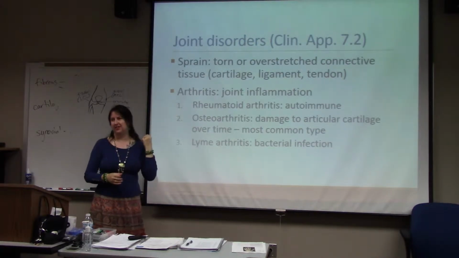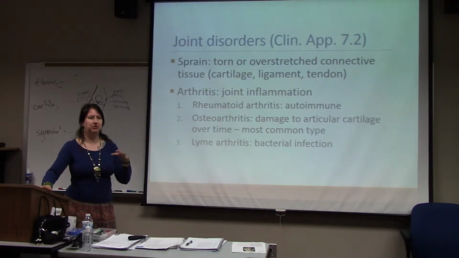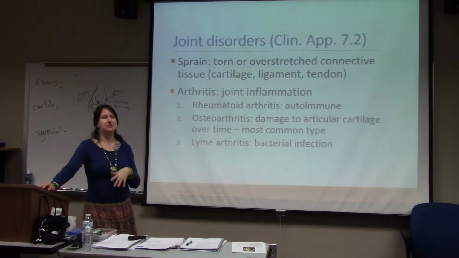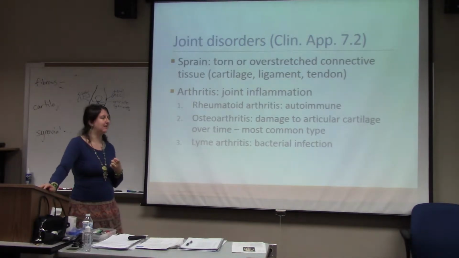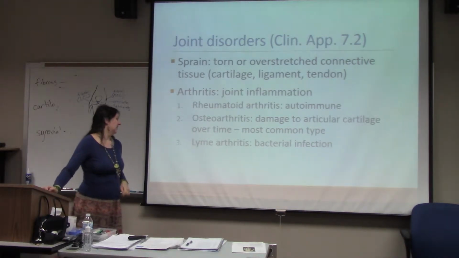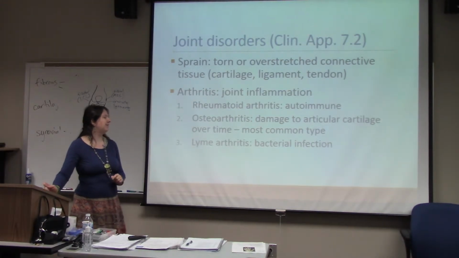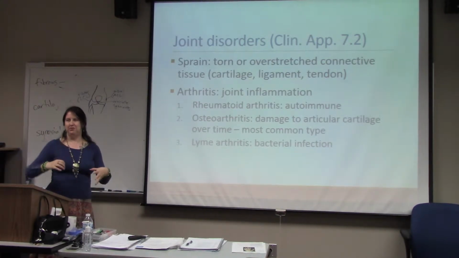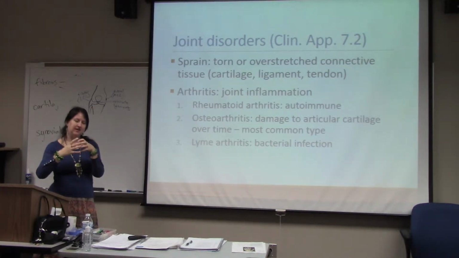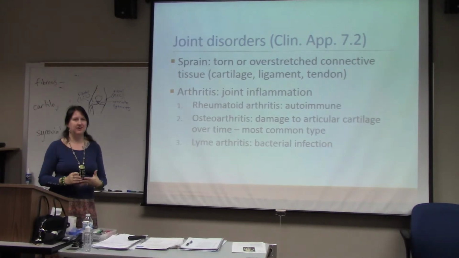Rheumatoid arthritis is an autoimmune disorder, which means your immune system is attacking the joints. It's mistaking it for some kind of infection. Arthritis that is from an infection is Lyme disease, where the immune system fighting the bacteria makes these clumps that get deposited in the joints.